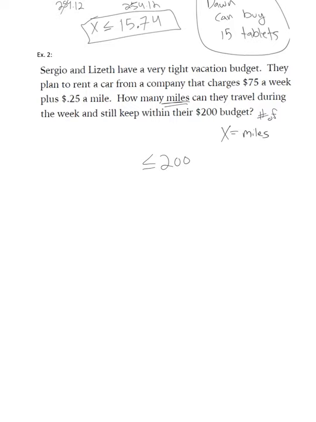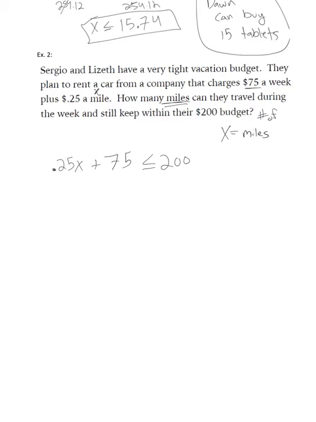So here we talked earlier about how we made miles our x variable. So here if I just write a little x over miles, I see that for each mile I'm going to pay 25 cents. So I'm going to start by saying 0.25 times x. So every mile I will be paying 25 cents plus the initial charge of $75 a week. So there's our inequality: 0.25x plus 75 has to be less than or equal to 200.